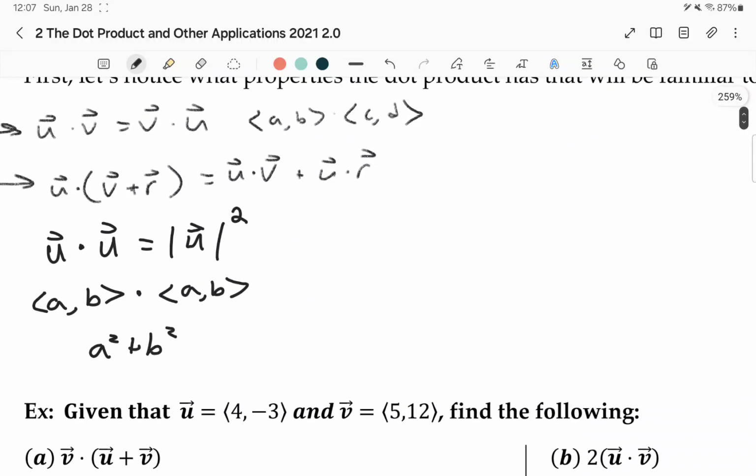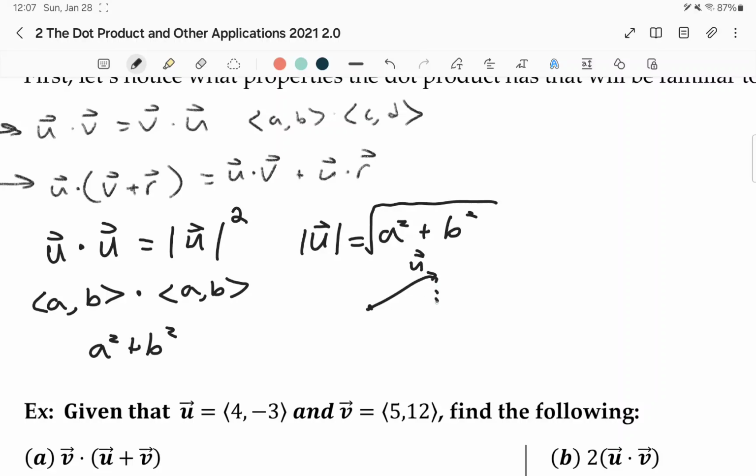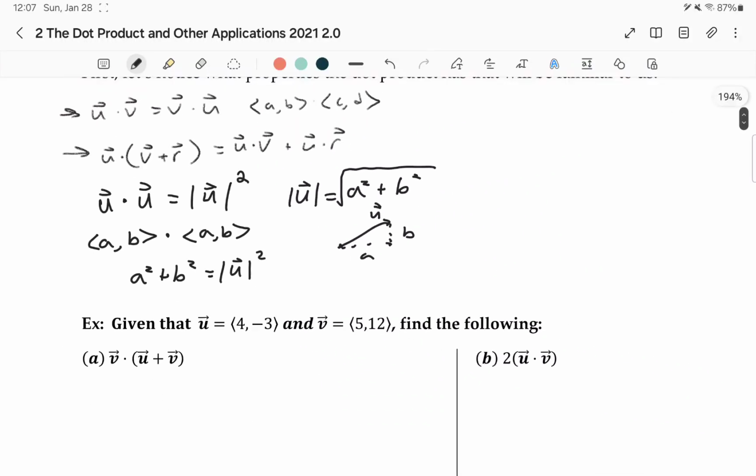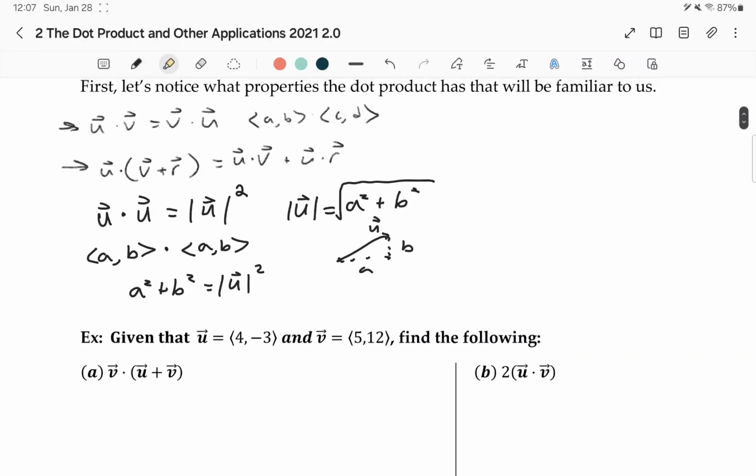And if you recall, the magnitude of any given vector is equal to its first component squared plus its second component squared, all square rooted, because if we have any u vector with component a and component b, we can use the Pythagorean theorem. So this actually ends up being the magnitude of u squared. This is really important to remember. This is fundamental.